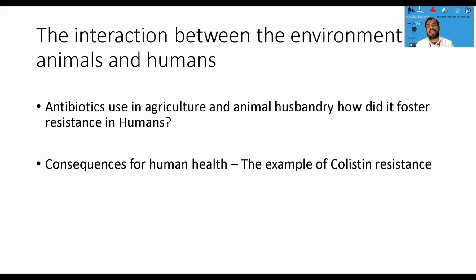Initially, colistin was one antibiotic which was commonly used, but after a short span of time, because of its toxicity and the availability of better antibiotics, it soon fell out of the wagon. And colistin being very cheap and no longer being used, it found its place in animal husbandry as well as in agriculture, where it was used in massive amounts.